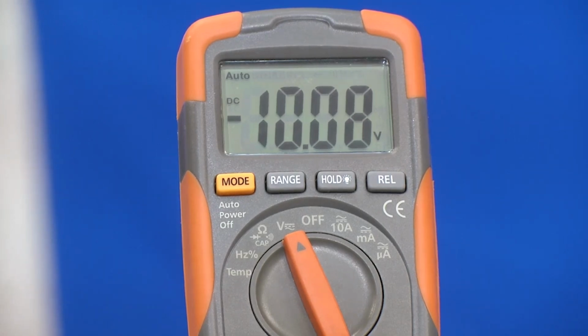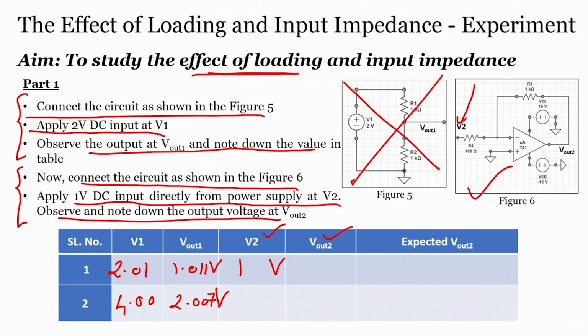So, it should be minus 10, but it is minus 10.09, that is fine. On applying approximately 1 volt, or to be precise 1.01 volts, the output voltage is minus 10.09 volts.